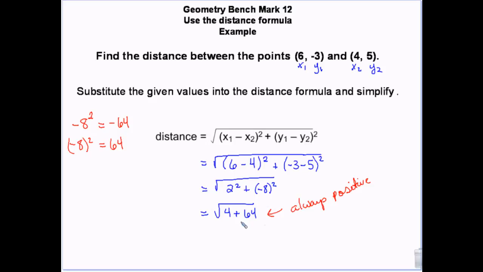Once you've squared them, they're always positive. And so I get the square root of 68. And 68 is 2 times 34, and 34 is 2 times 17. So the square root of 68 is 2 times the square root of 17. And that is my distance.